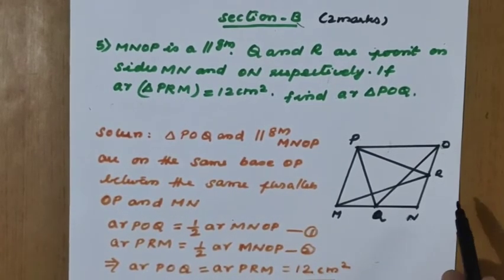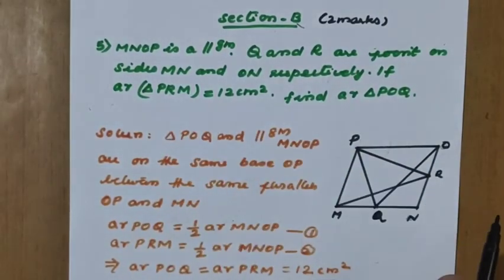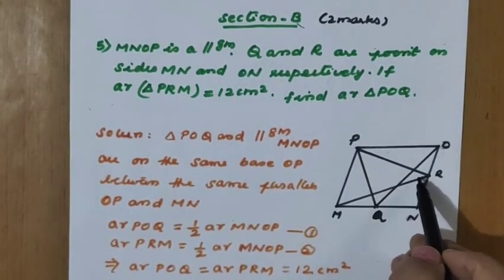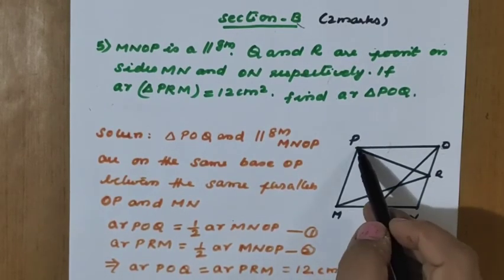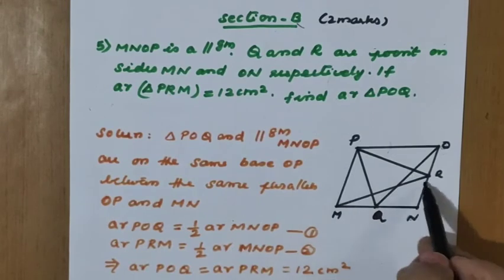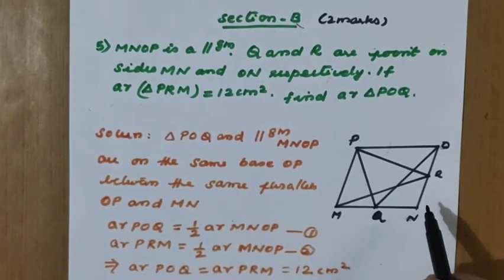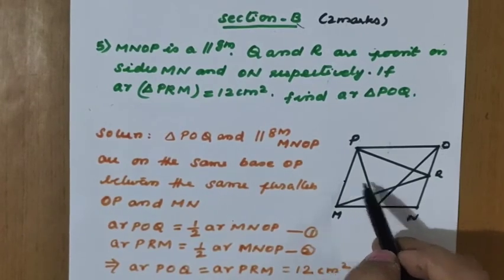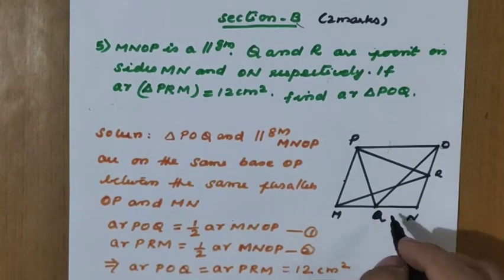Let us see the example of this one. Area of the triangle PRM is given. So I am taking PRM. PRM is on which base? PM. Right? But it is also between the parallels MN and ON, because it is given that MNOP is a parallelogram.